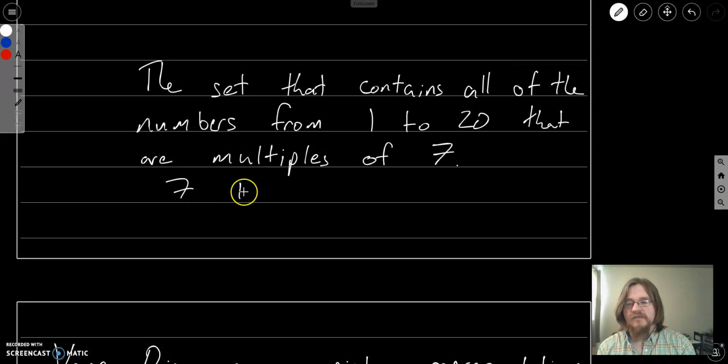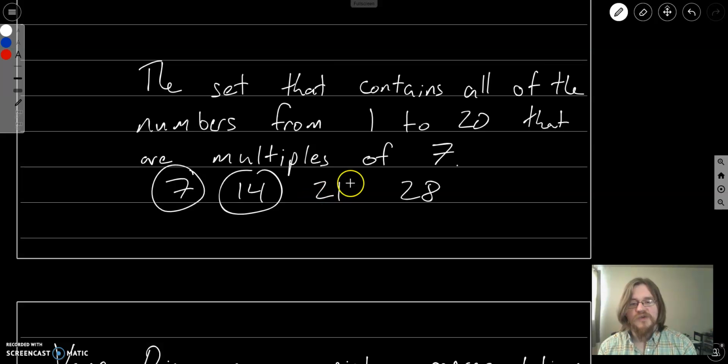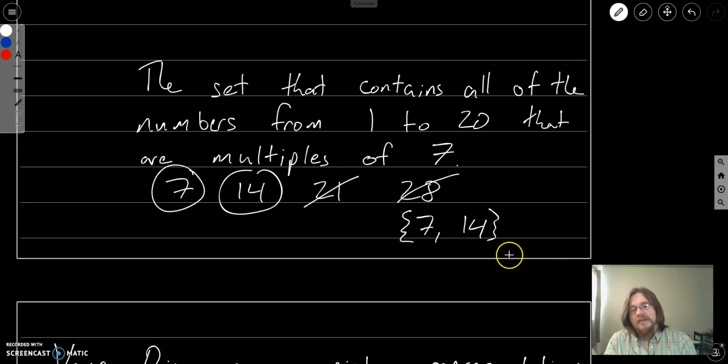So we've got 7, 14, 21, 28, but we're only looking for the numbers between 1 and 20, right? Well, 7 is between 1 and 20, 14 is between 1 and 20, 21 is already too big, 28 will be too big, any bigger multiples are also too big. So this set will have 7 and 14 in it, and nothing else.